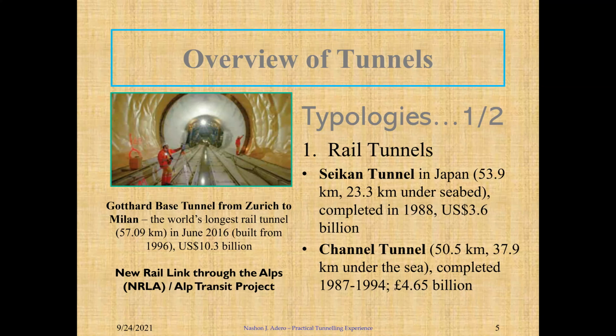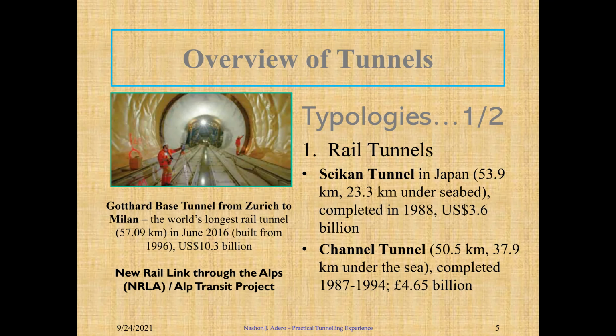Recently, we had the Gotthard Base Tunnel from Zurich to Milan. The longest rail tunnel, completed in 2016, but the works commenced way back in 1996, so you can see how challenging tunnels can be and the amount of time they can take.